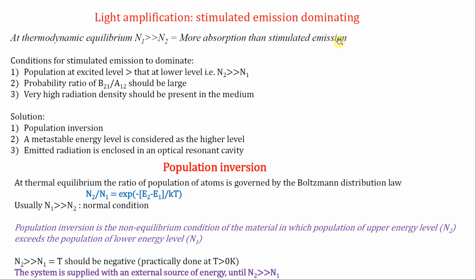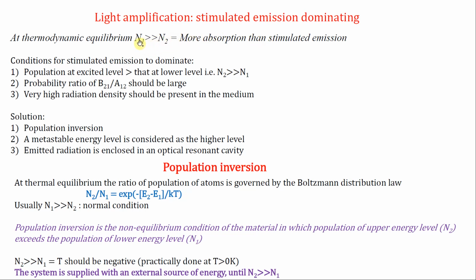Now let's go in depth about how light amplification occurs and when stimulated emission can dominate, since it is very much required. In a typical case, when the system is at thermodynamic equilibrium, the number of atoms at low energy level is more than the number at high energy level, so N1 is much more than N2.